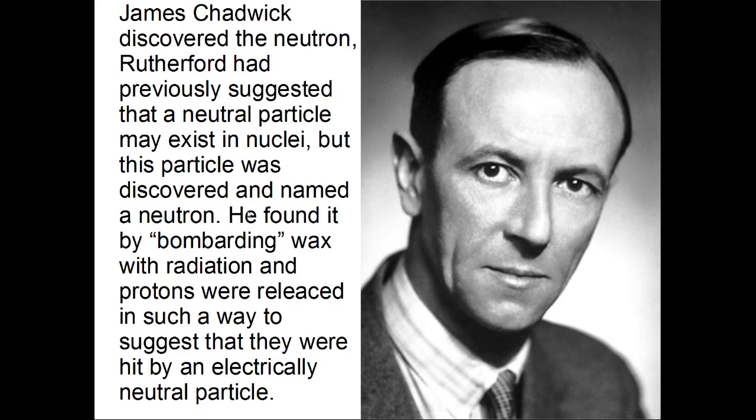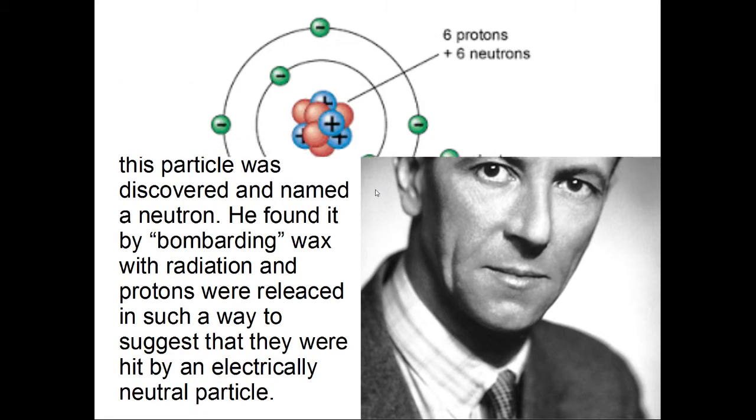He found that by bombarding wax with radiation, protons were released in a way that suggested they were hit by neutral particles, not atoms, but smaller neutrons. So he discovered the neutron. I think he later went on to work in the nuclear field, kind of developing the first nuclear bomb. Don't quote me on that either.